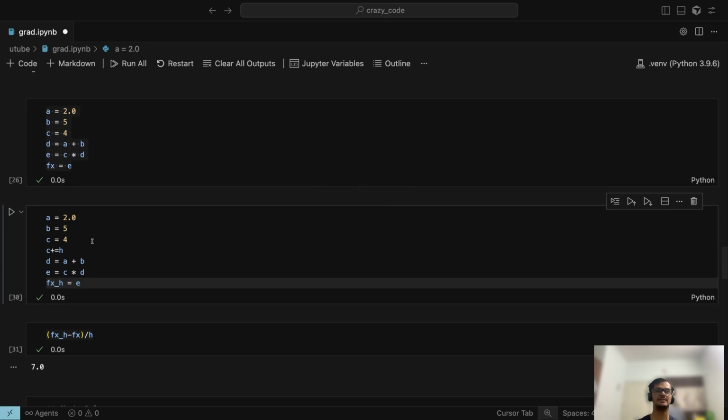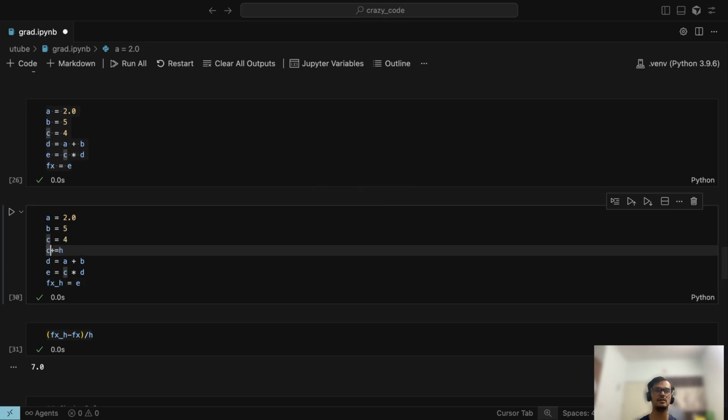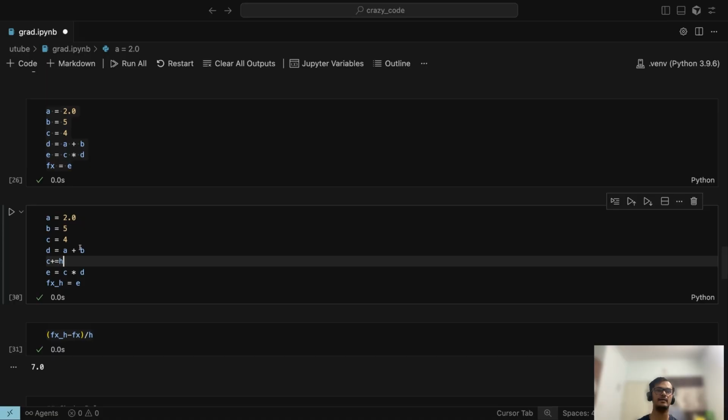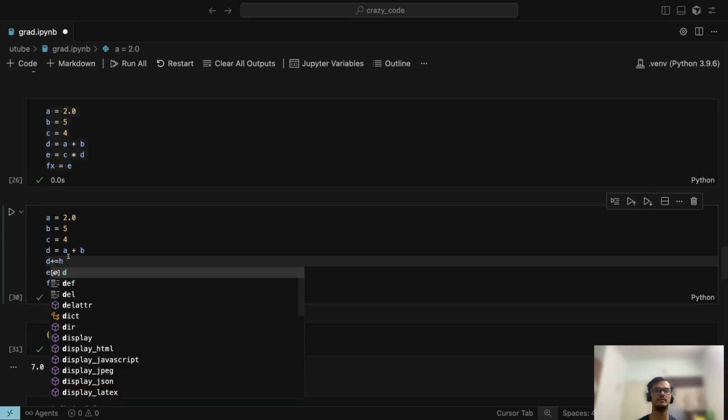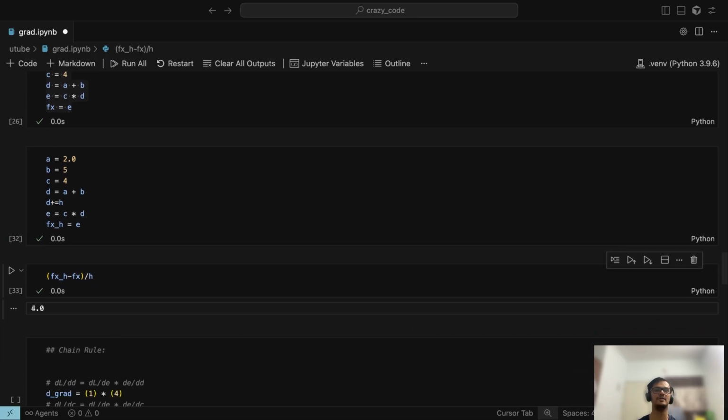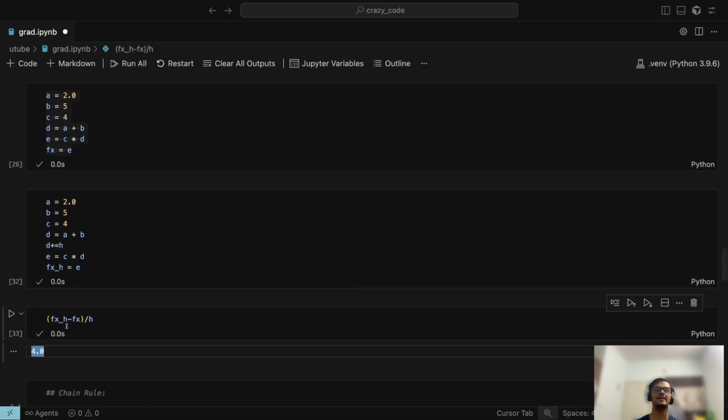Like we just add a little bit to, for example, D here, let's do that. We add a little bit to D, right, and then we just calculate this again, we get 4. So why can't we just calculate the gradient like this?